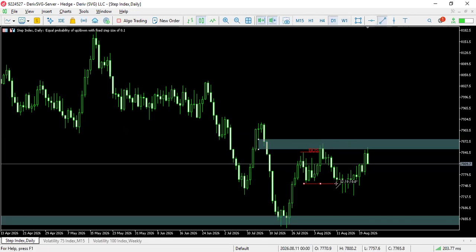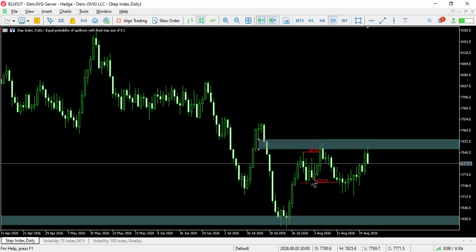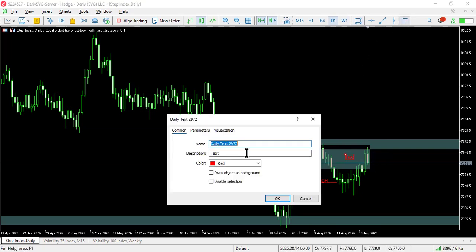And then I can see we have a change of character to indicate this buying momentum is over and the sellers are stepping into the market. We have a change of character, and then the order block which caused the change of character is that order block where price is currently reacting from.